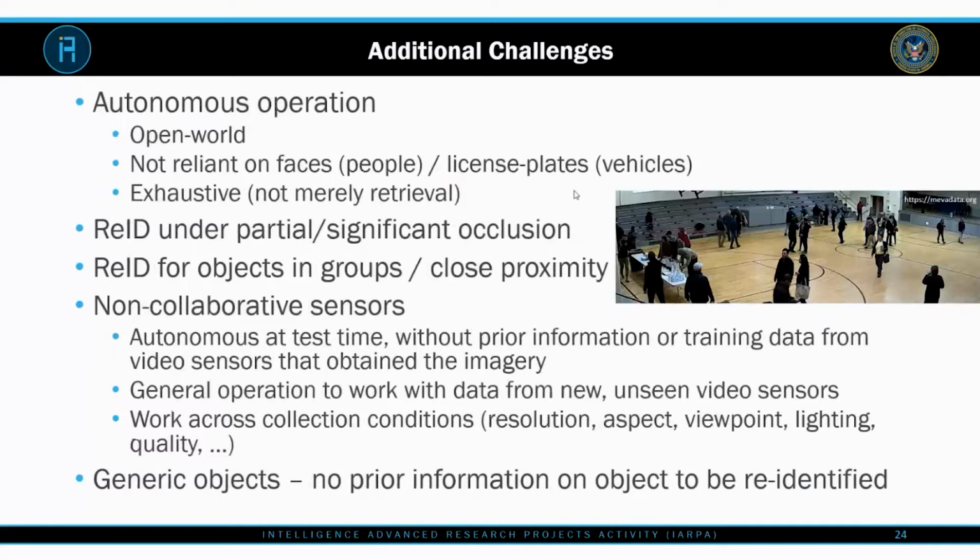Re-ID should work under occlusions, whether partial occlusion or significant occlusion. We're looking for re-ID for objects that are in groups in close proximity. And as we mentioned, for non-collaborative sensors, where operation would be autonomous at test time without prior information or training data from the video sensors that obtain the imagery.